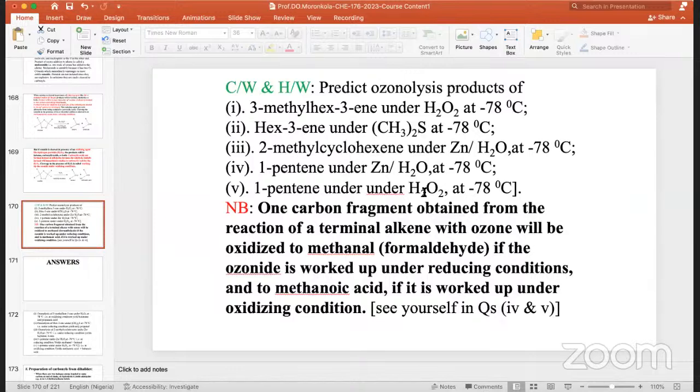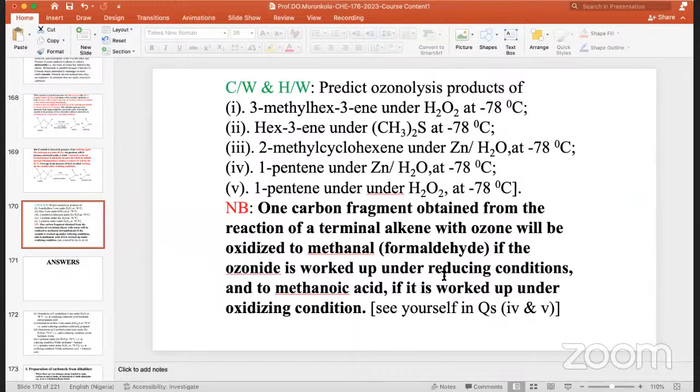The other one is under oxidizing condition. I said the one-carbon fragment obtained from the reaction of a terminal alkene with ozone will be oxidized. That is these ones, IV and V, that's 4 and 5.